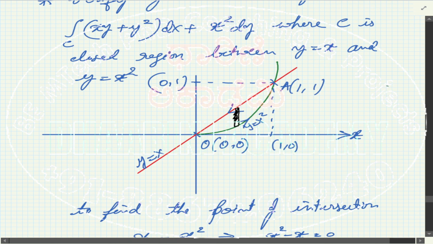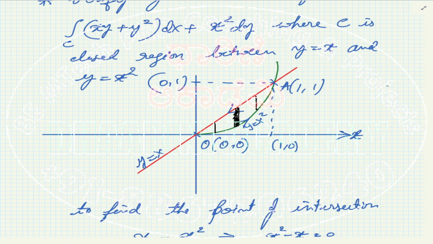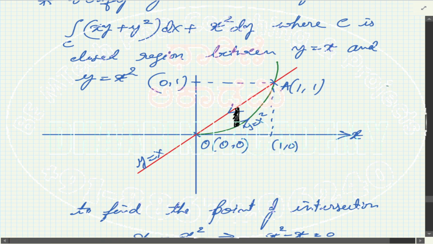You see that y actually varies between the two curves at any point on the curve. The range of y is always decided by this particular black colored small strip which we can consider. So the bottom of this strip touches y equal to x square. The minimum value is on that curve and the maximum value lies on the top curve, that is y equal to x.